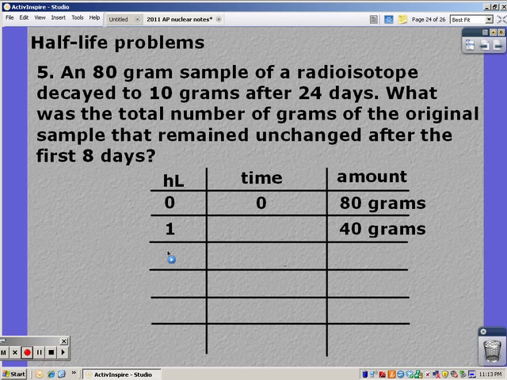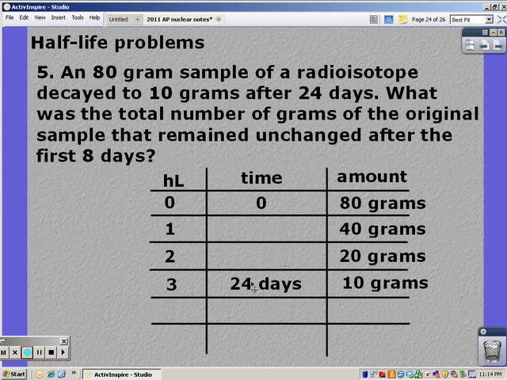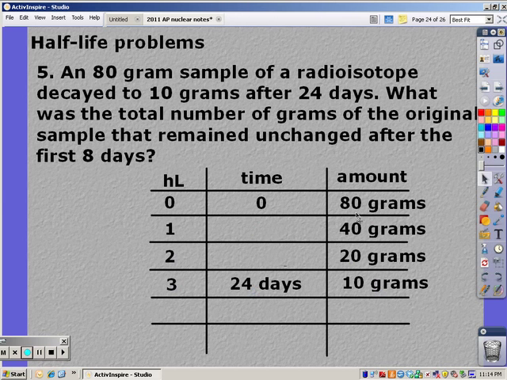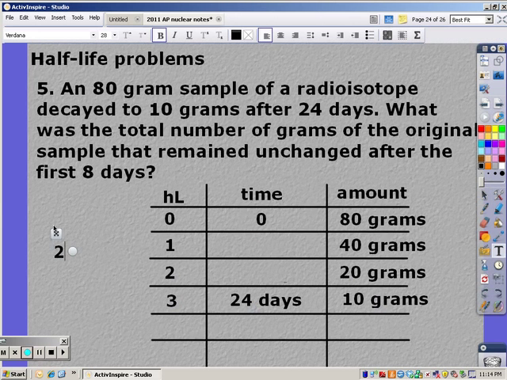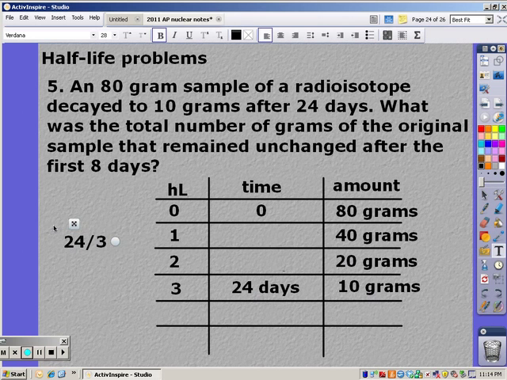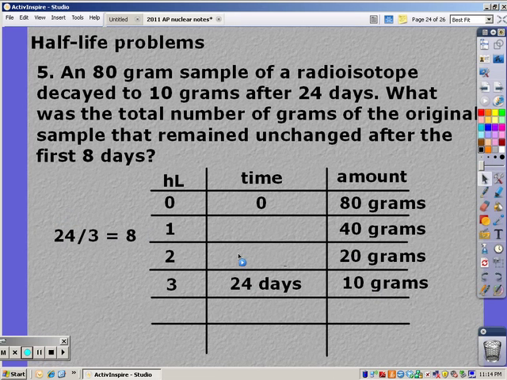So we're just going to keep adding our half-lives and decreasing our amount by 2 until we reach 10 grams. When that happens, we know we're at 24 days. It wants to know how much remains unchanged after 8 days, so we need to find out how long one half-life is. So 24 divided by 3 gives us 8. So notice, after 8 days, 40 grams is unreacted. So that's our answer.